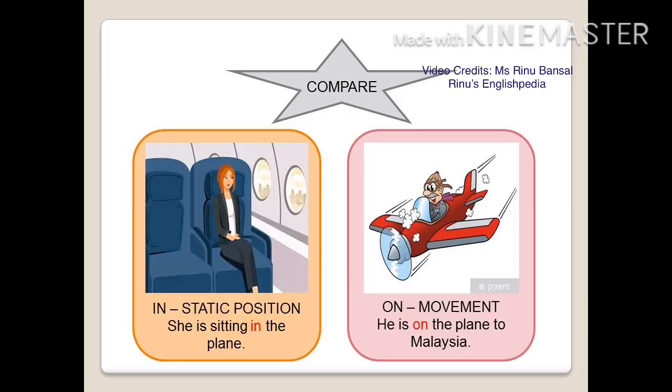Now, when we are talking about the first sentence, sitting in the plane, it is a static position. There is no movement. You are just sitting. However, when we are talking about on the plane to Malaysia, we can see that the plane is moving towards Malaysia. Therefore, over here, since movement is involved, we will use the preposition on.